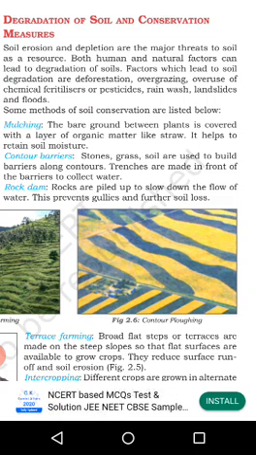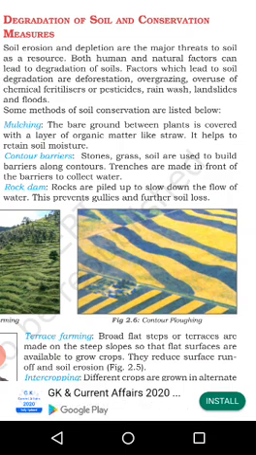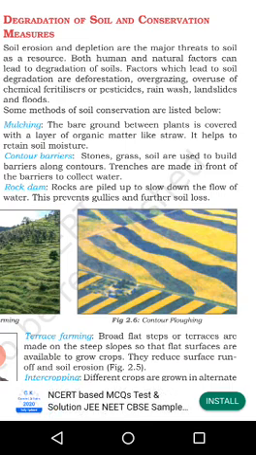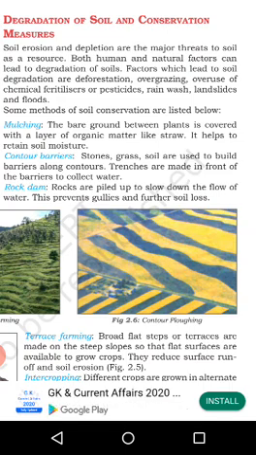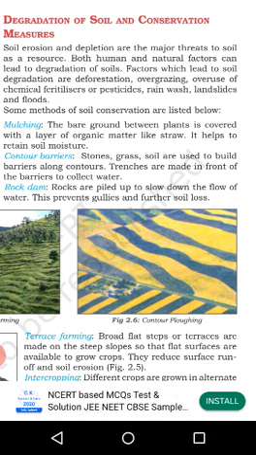It helps to retain soil moisture. Sometimes after harvesting, the whole plot is covered by this straw, and this helps to retain soil moisture.